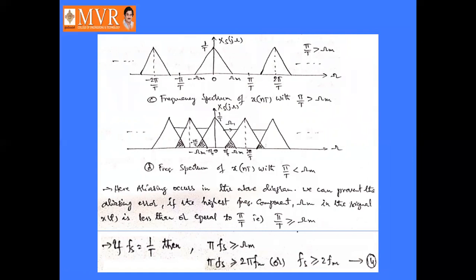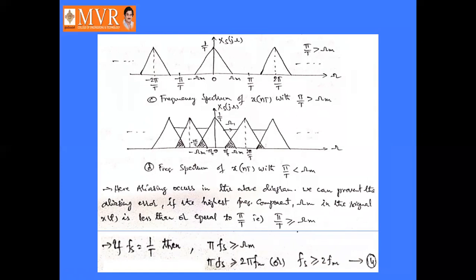If it is greater than omega m, it will be represented like this. Next, the frequency spectrum of x of nT with pi by T less than omega m. So there may be overlapping of the samples. Here, aliasing occurs in the above diagram.